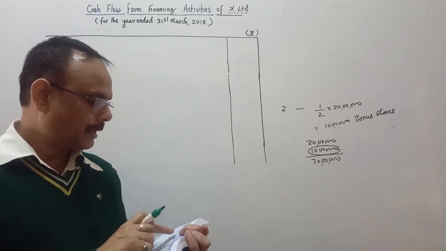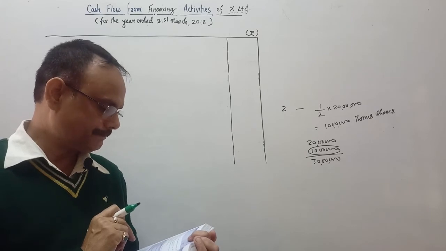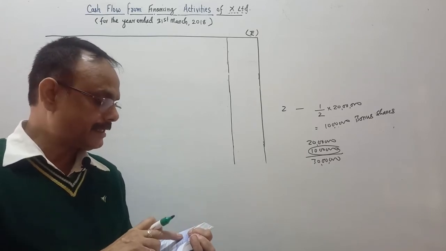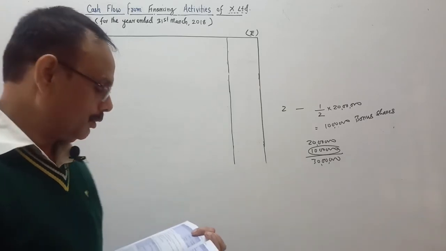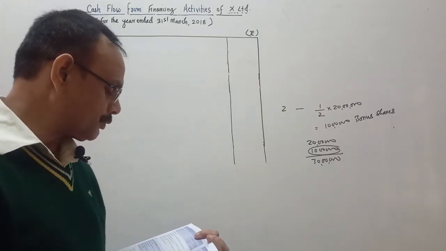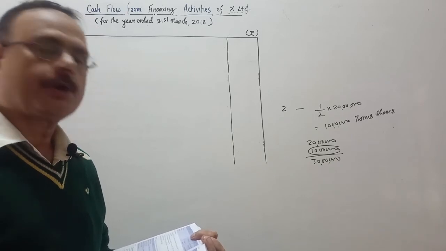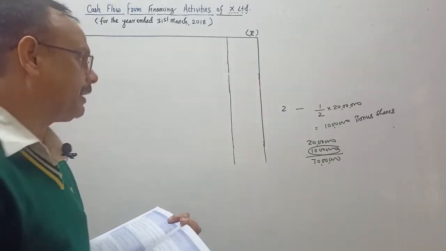Number 2, coming to the 12% debenture. Last year debenture was 3 lakhs and this year no debenture. Regarding the debentures, you see point number 2: 12% debentures were redeemed on 1st July 2017.